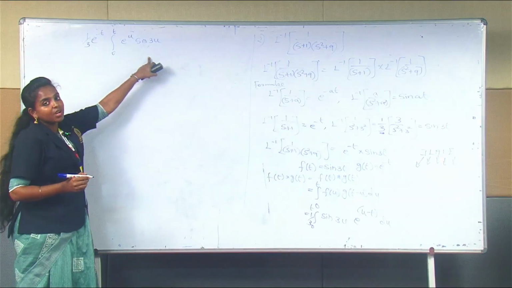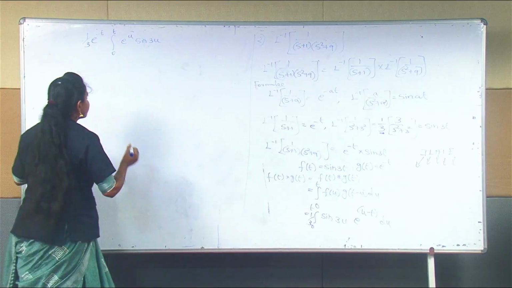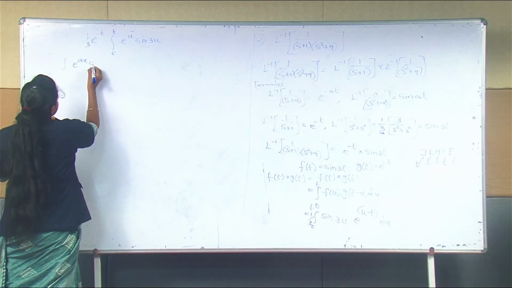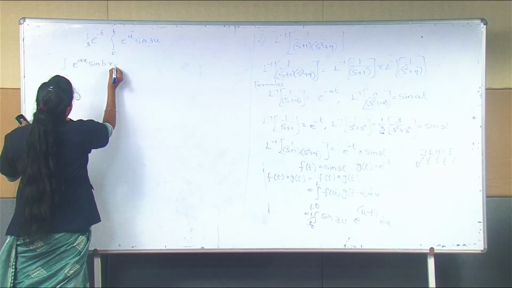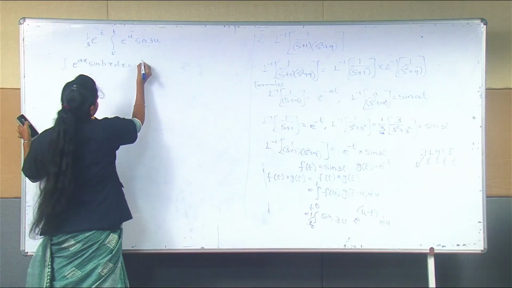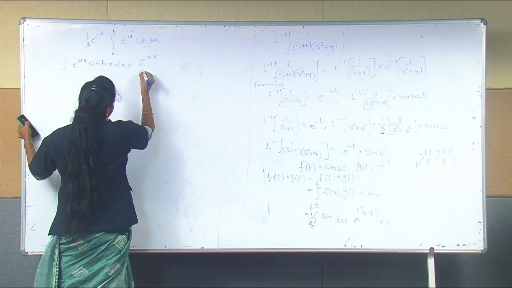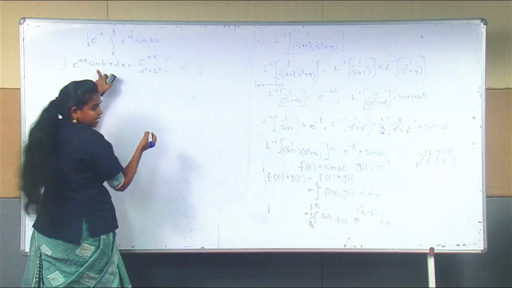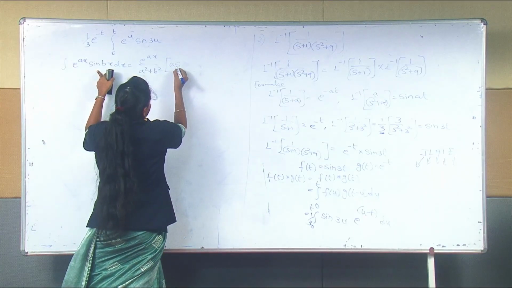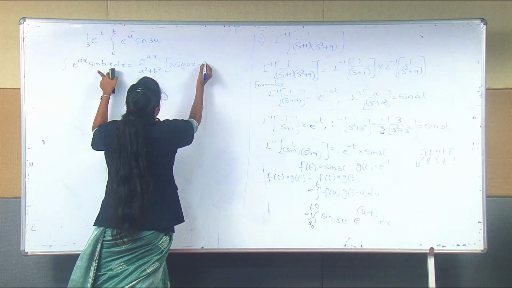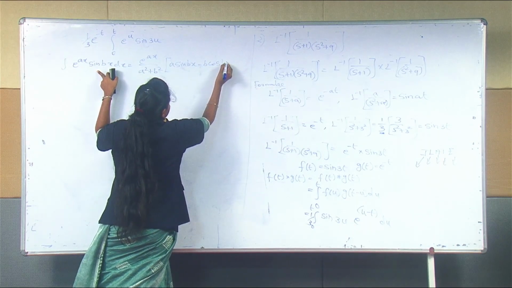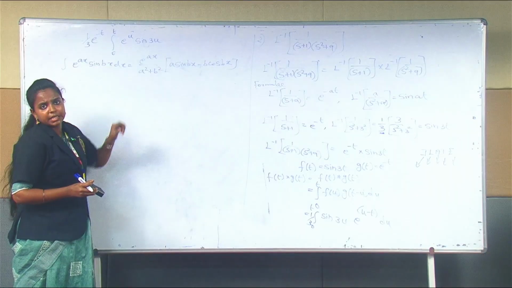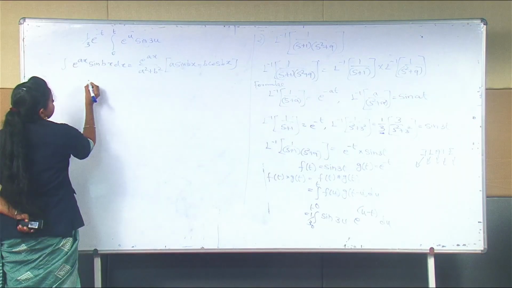So what is the formula? Integration of e power ax sine bx into dx is equal to e power ax divided by a square plus b square into a sine bx minus b cos bx. Okay. You have to use this formula directly here.